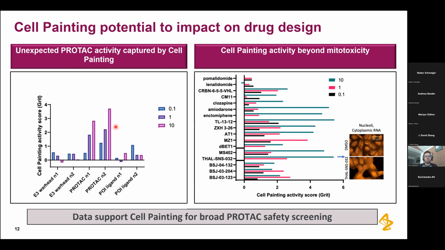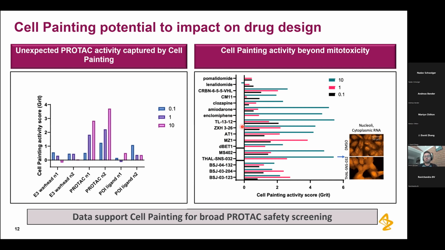So it's an interesting observation in this new modality that the activity couldn't be predicted by the individual components. It raises the question of whether it is worth profiling the individual components to predict the full PROTAC drug response.